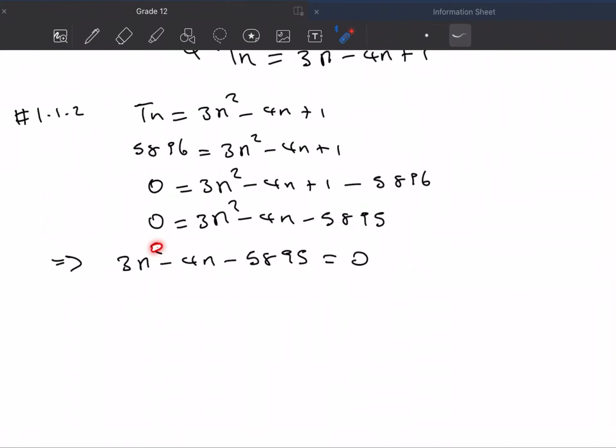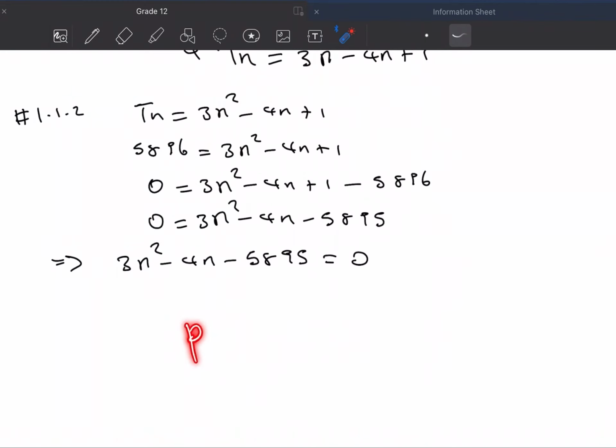If we had something like p squared plus p plus 1 is equal to 0, this is a quadratic equation. But if you have p plus 1 is equal to 0, this is not a quadratic equation. It's a linear equation. Why is it not a quadratic equation? Because the highest order of exponent is not 2, it is 1, right?